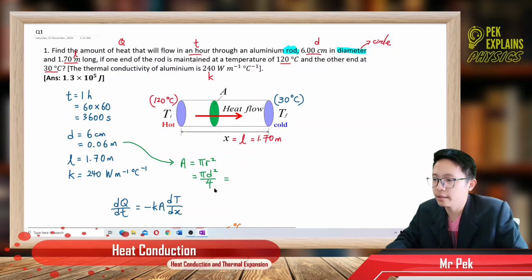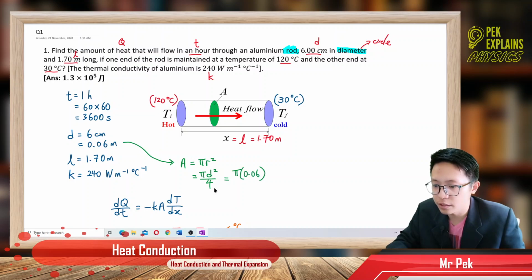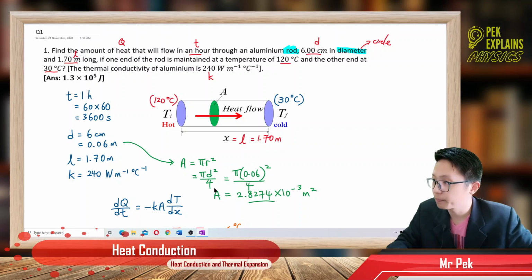So let's calculate the area. When we substitute 0.06 into the diameter, we get the area equal to 2.8274 times 10 to the negative 3 in meter square, because we already changed to meter.